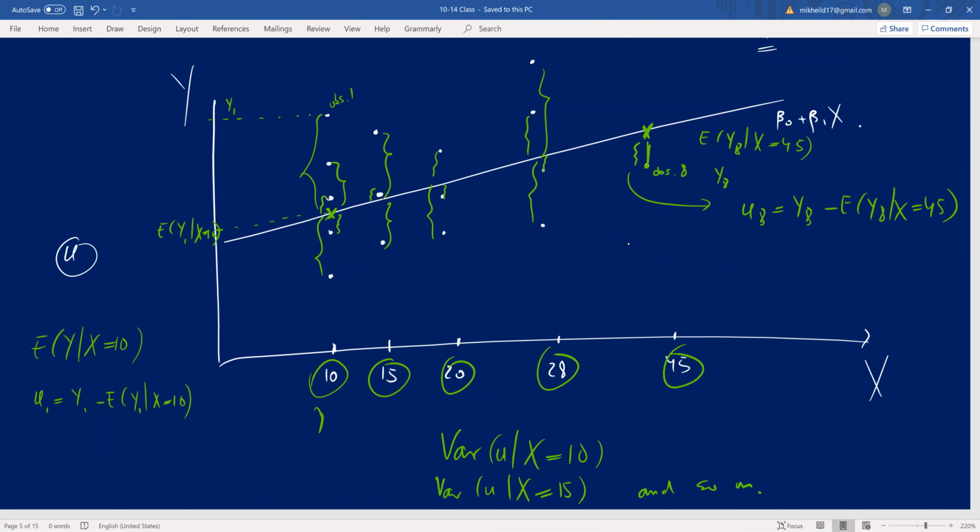Let's say this is observation 7, let's say this is observation 6, whatever, it can be 1, can be 2. Then this will be the disturbance that corresponds to this observation. That disturbance will be negative, that disturbance will be positive, right?